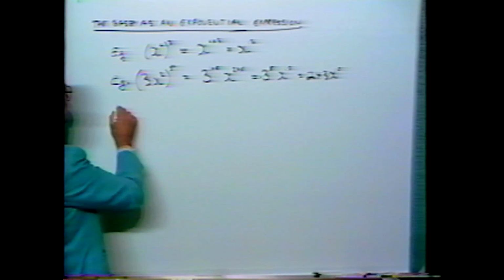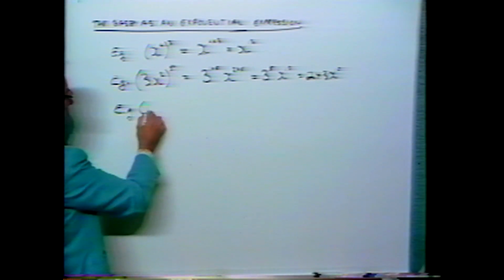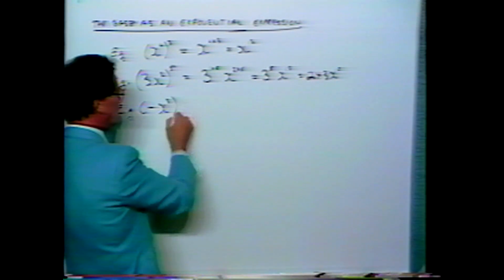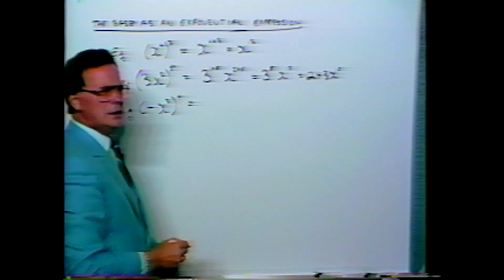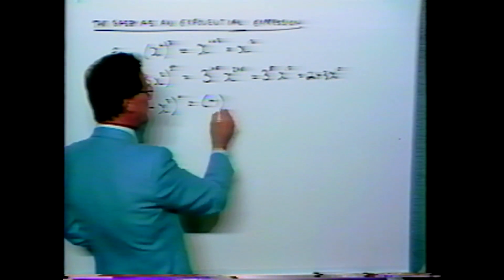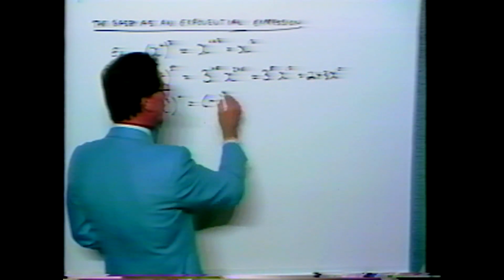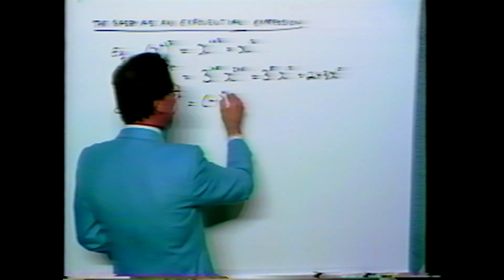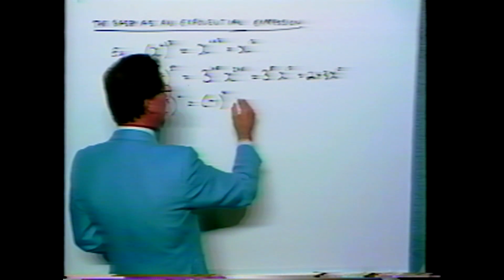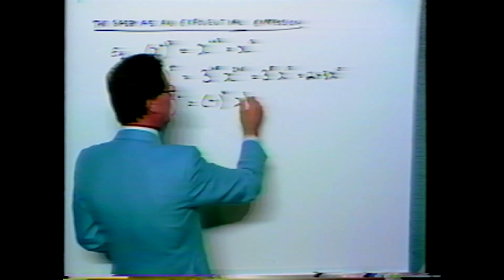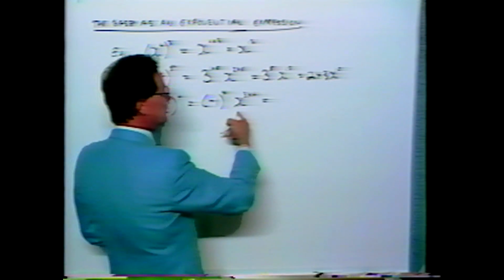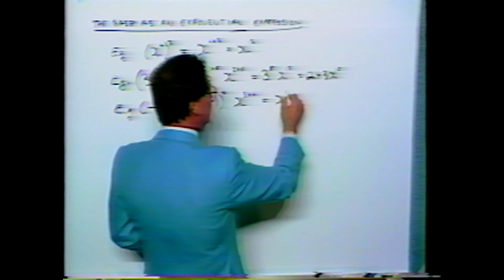Another example, negative x cubed raised to the 4th is equal to, the negative 1 is affected by the 4, followed by x to the 3rd multiplied by 4. This is equal to positive x to the 12th.